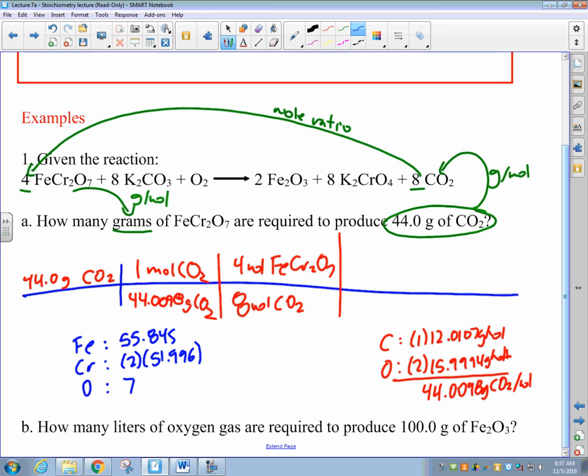And then oxygen, we've got 7 times 15.9994 grams per mole. $271.833. Perfect, thank you. Grams per mole of FeCr2O7.